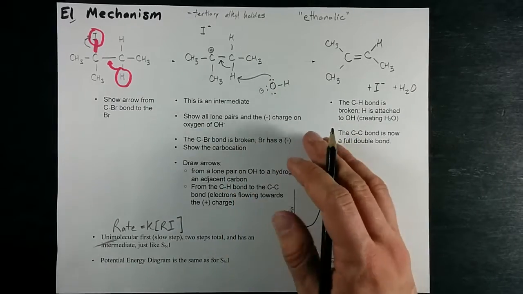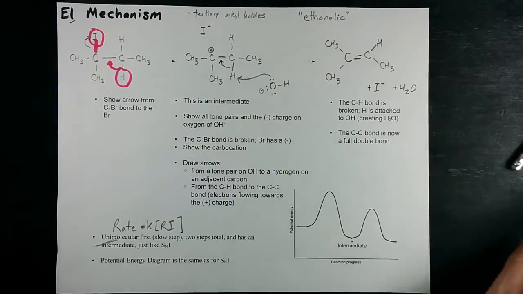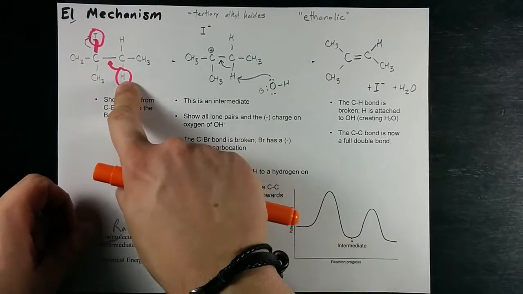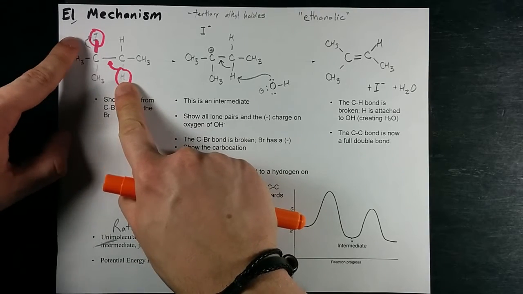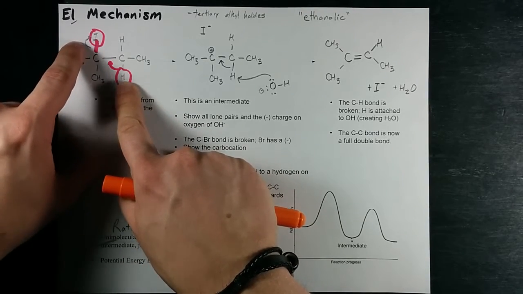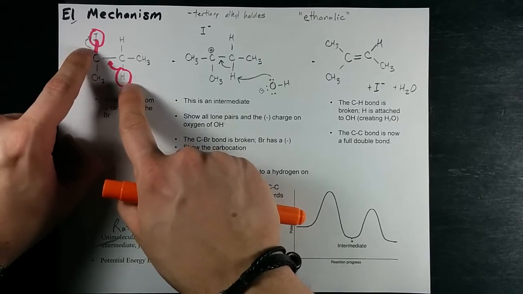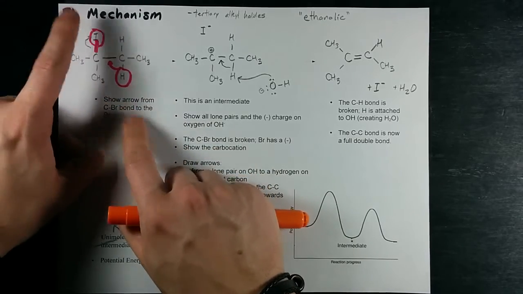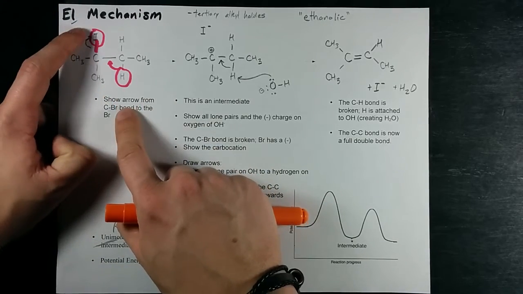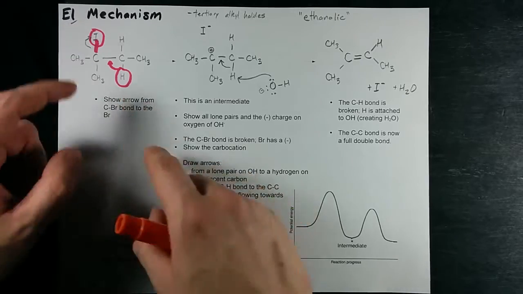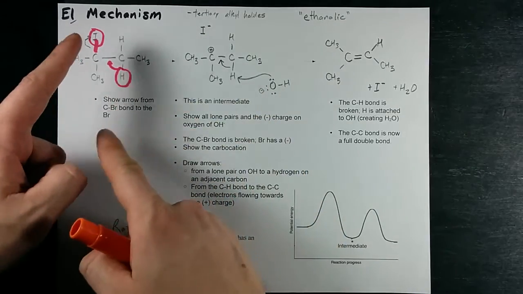The only other thing I want to point out here is that I've been careful to make sure that the H that I remove and the I that falls off, or the leaving group that falls off, are on opposite sides of the molecule. In university chemistry, you'll need to remember that that's the case.